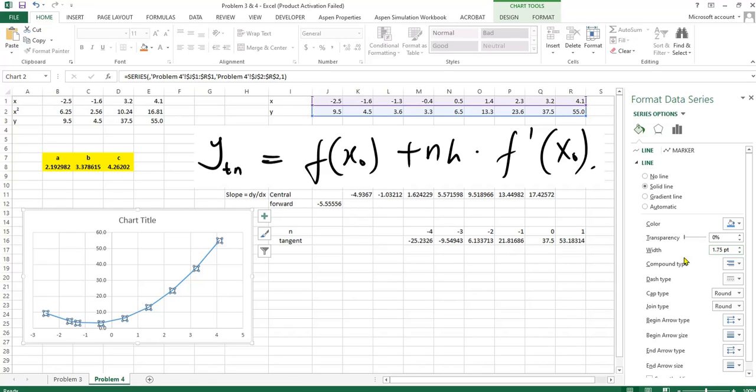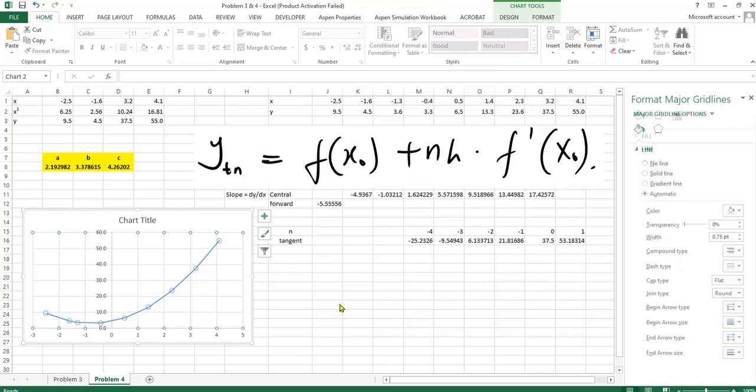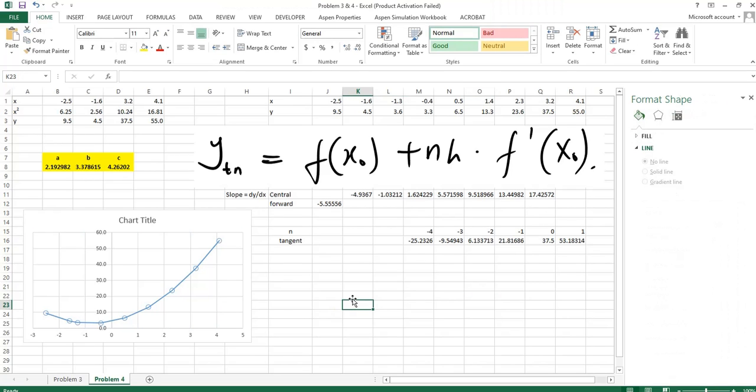Let me leave it at this. So let's now draw this tangent at that point. So what I'll do, I will select from here, from arrow 1 to arrow. Let me select from this point, M1 to arrow 1.